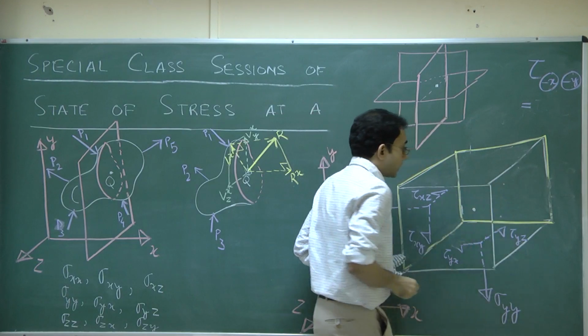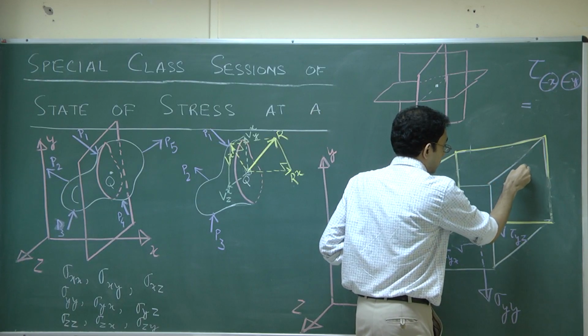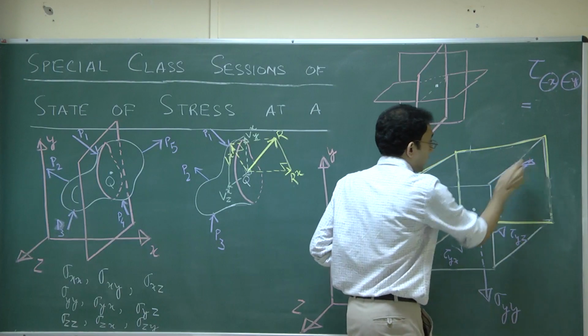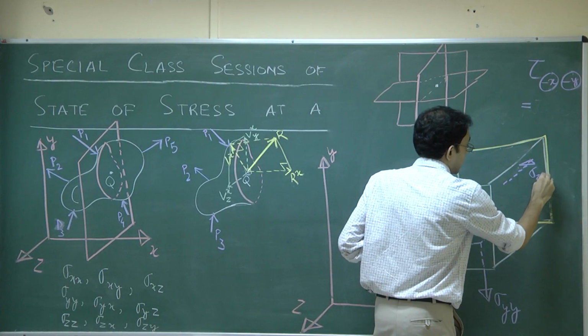The normal stress would be along the negative z direction. So, that goes behind. This is my sigma zz.